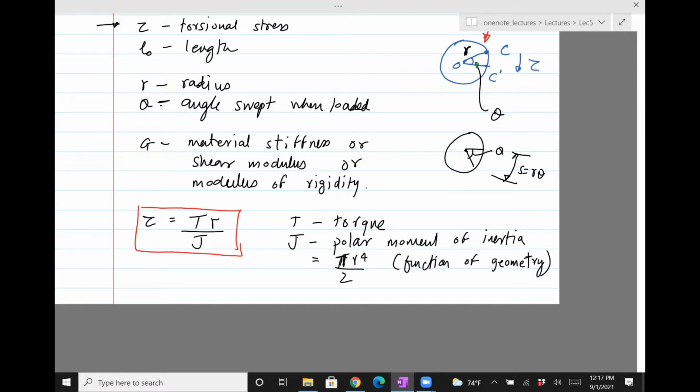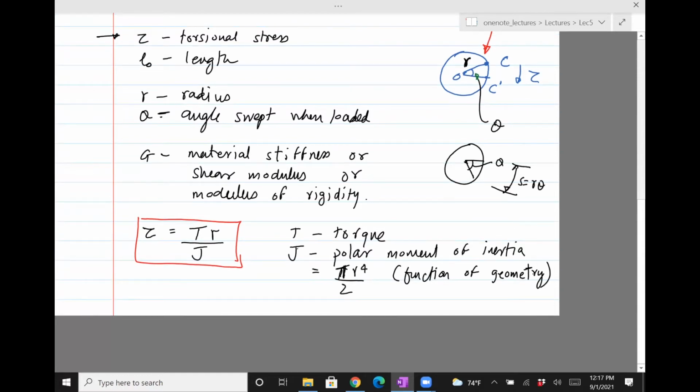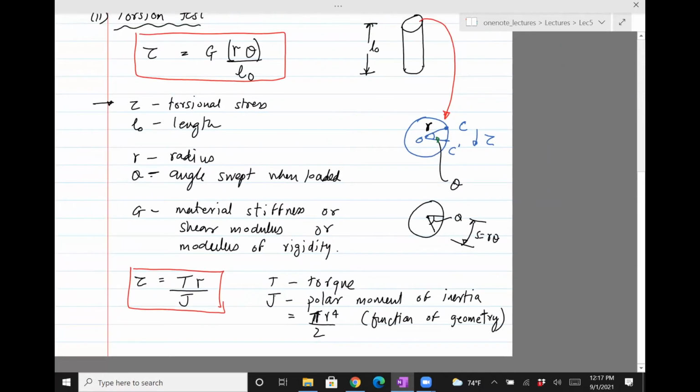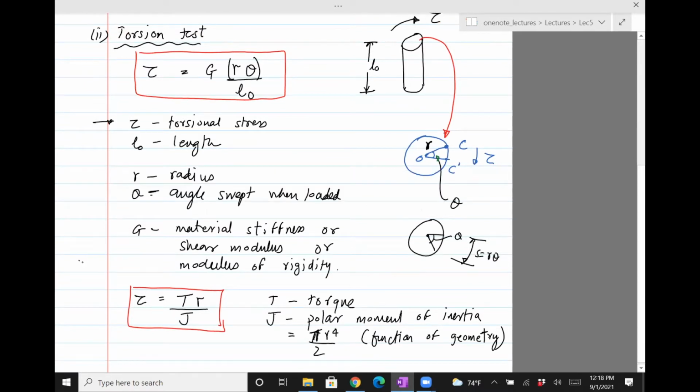So if you want to have, for the same torque, less shear stress, then you want to have a high J, right? Because stress is inversely proportional to J. So coming to the test, similar to the tension test, you can keep increasing torque.